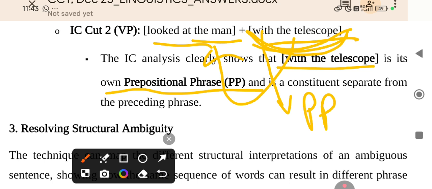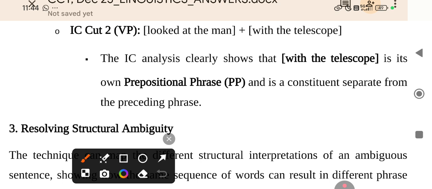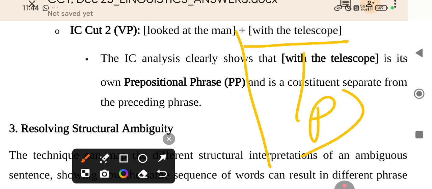So what they are saying is that IC analysis clearly shows that with the telescope is its own prepositional phrase and is a constituent separate from the preceding phrase. Means this part, this phrase is separate from this phrase.